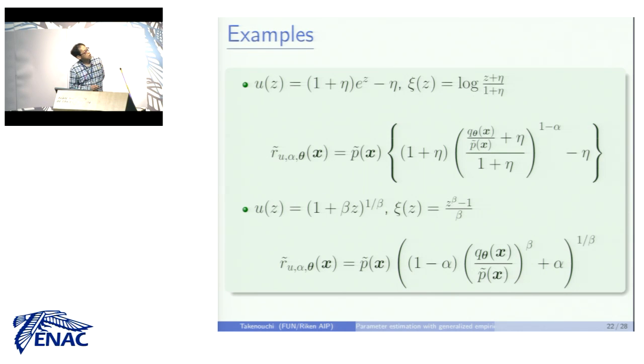These are examples of the generalized empirical localization. If we consider a function like this, xi is written like this, and the empirical localization model is written like this. Or for the beta function, this generalized empirical localization is written like this.